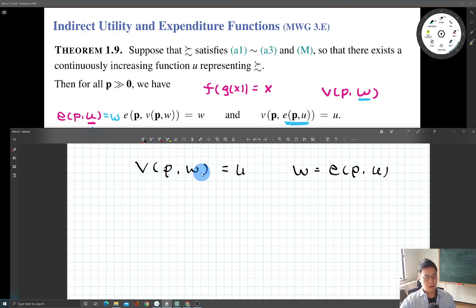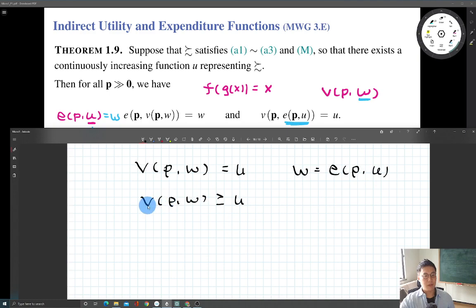So we can start with this inequality: function V is at least higher than U. The way to see this is, by definition of E, we know that with this money, the consumer can achieve this level of utility.